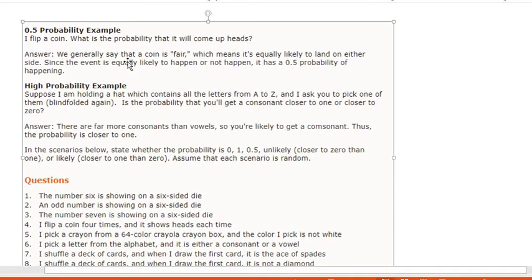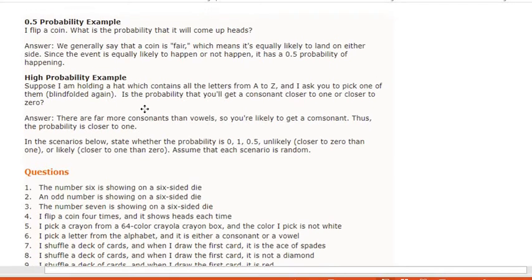We generally say that the coin is fair, which means it's equally likely to land on either side. Since the event is equally likely to happen or not happen, it has 0.5 probability. This means half probability of happening, half to be tail or half to be head.